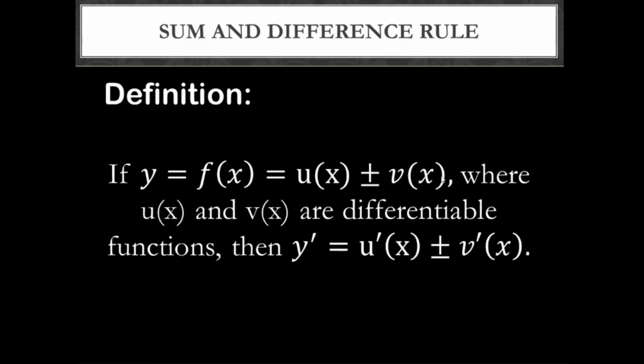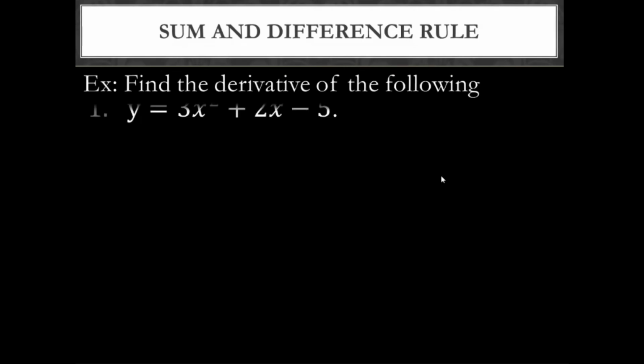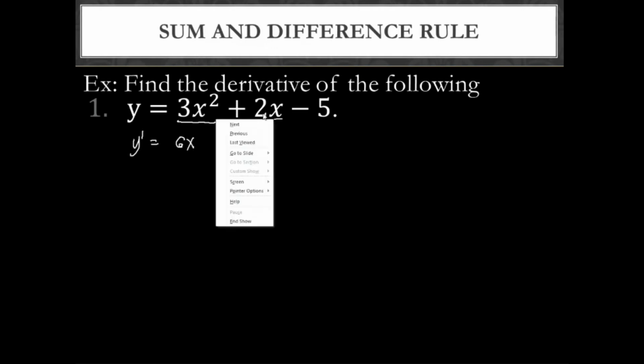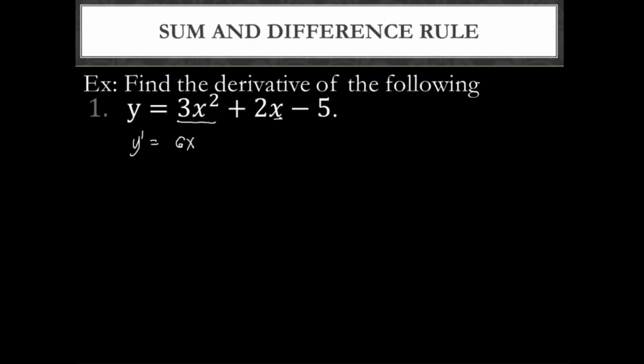Okay? Ito yung pinakamadali. For example, our function is 3x squared plus 2x minus 5. Okay, so ito yung derivative, y prime is equal to, diba? Ang derivative ng first term natin ay 6x. Ang derivative ng second term ay 2.